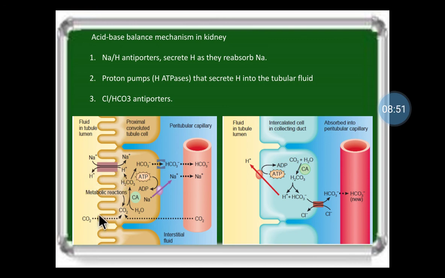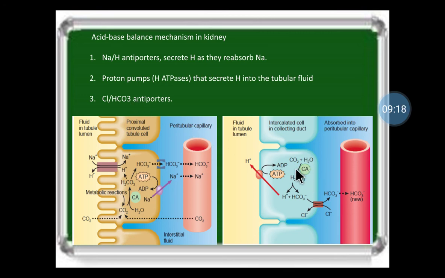Now the three mechanisms are based on the secretion of the hydrogen ion. We see the first, sodium and hydrogen antiporter. Second is the proton pump that secretes the hydrogen into the tubule fluid. Then third, chloride and bicarbonate ion antiporter.